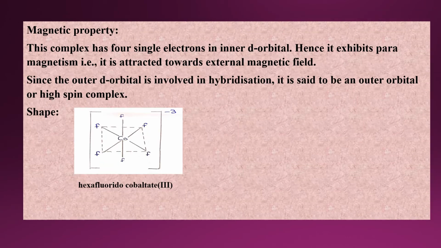Now, look at the magnetic property of this complex. How many single electrons are there in the 3d orbital, students? 4 single electrons are there in the inner d orbital. So we can easily say that it exhibits paramagnetic behavior. You all know what is meant by paramagnetism: it is attracted towards the external magnetic field.